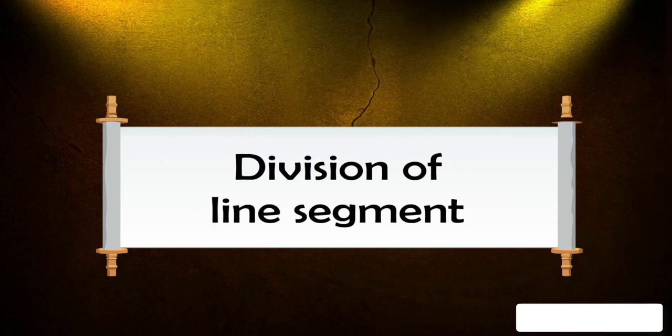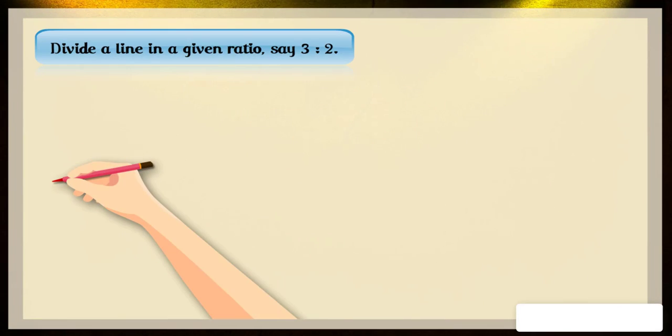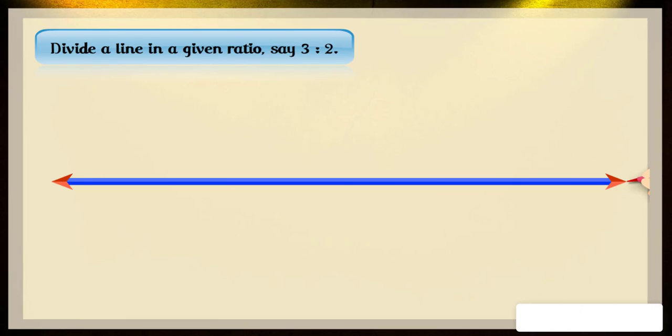Division of line segment. In this module, we will introduce how to divide a line segment. Suppose a line segment is given and you have to divide it in a given ratio, say 3:2.